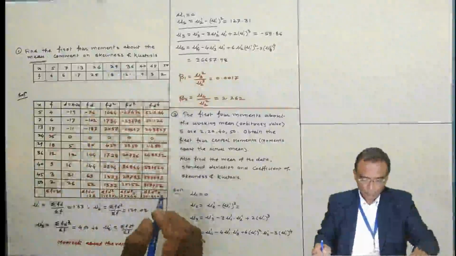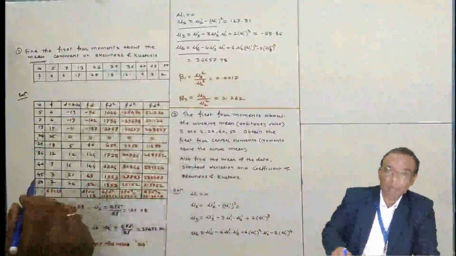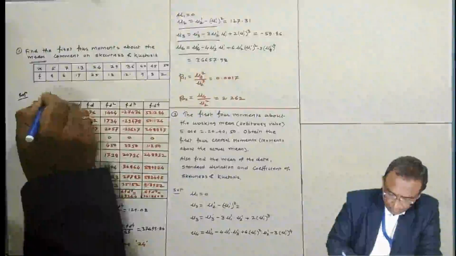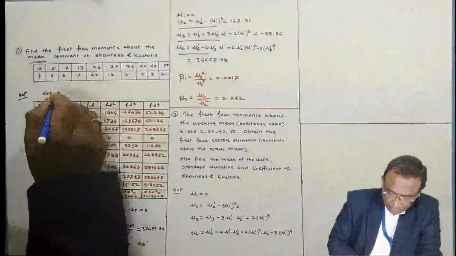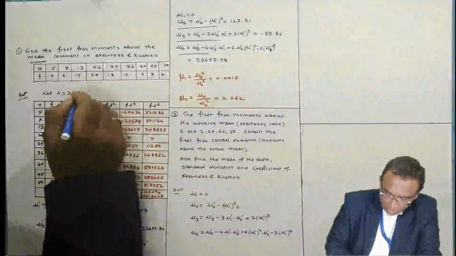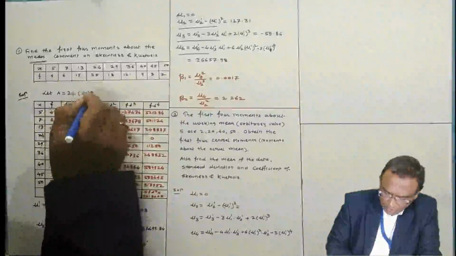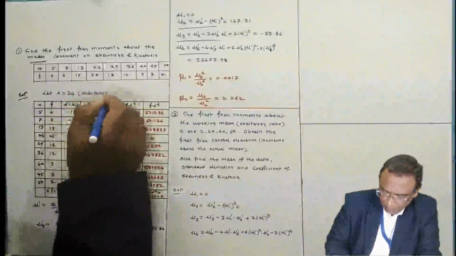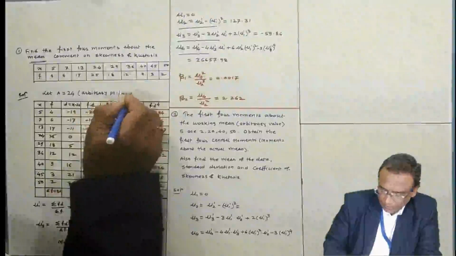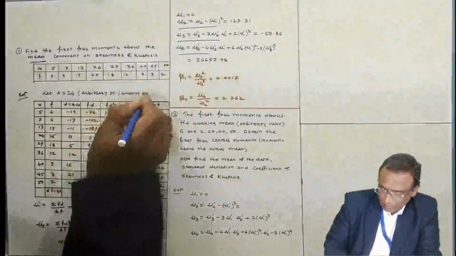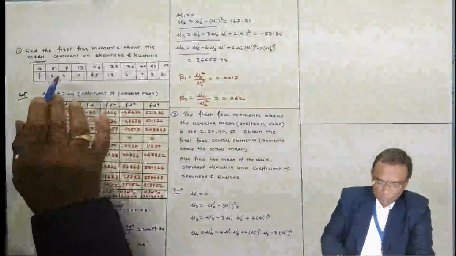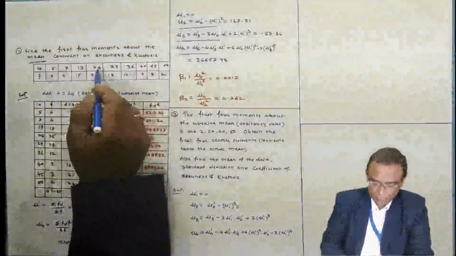Now this is the table. Here let a is equal to 24. This is, you can say, the arbitrary point of the data. Arbitrarily you can take any point, or the working mean. If the arbitrary point is given to you, no problem. Here the arbitrary point is not given. I have chosen 24.